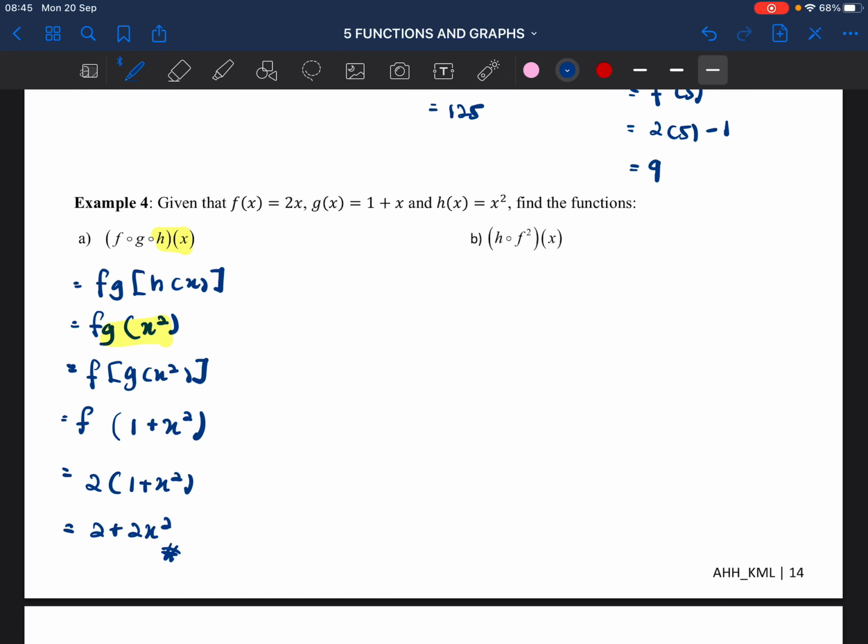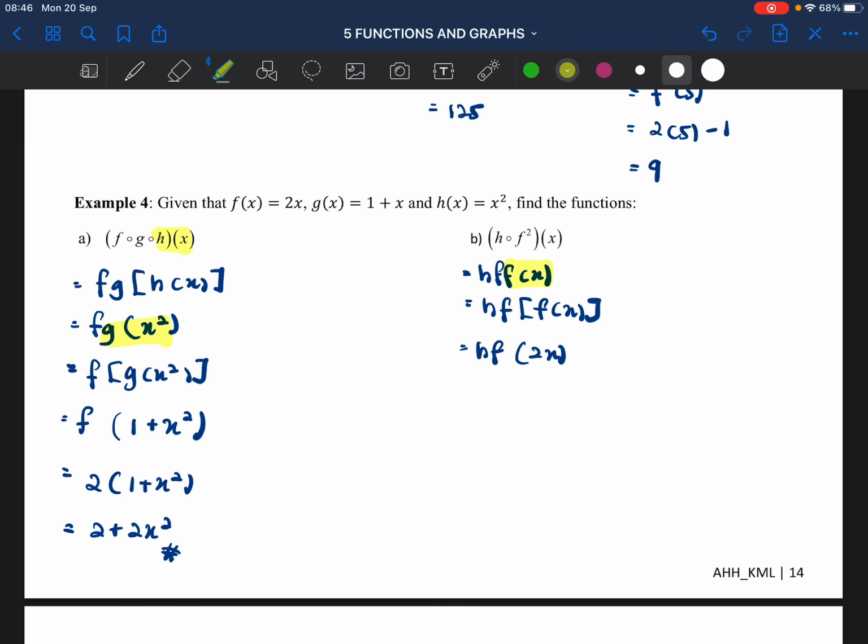Okay, so last one we have h composite with f squared, which means here we have h(f(f(x))). We have to work from behind, so we have to solve this one first. Our f(x) is 2x here, so just substitute 2x.